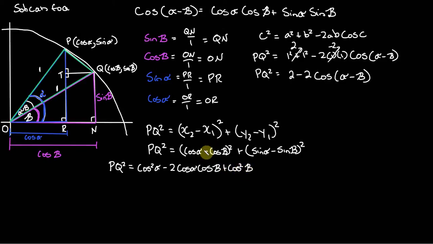So that's this first bracket here. What about if we expand this? Well, we're going to get plus sine squared alpha minus 2 sine alpha sine beta, plus sine squared beta.